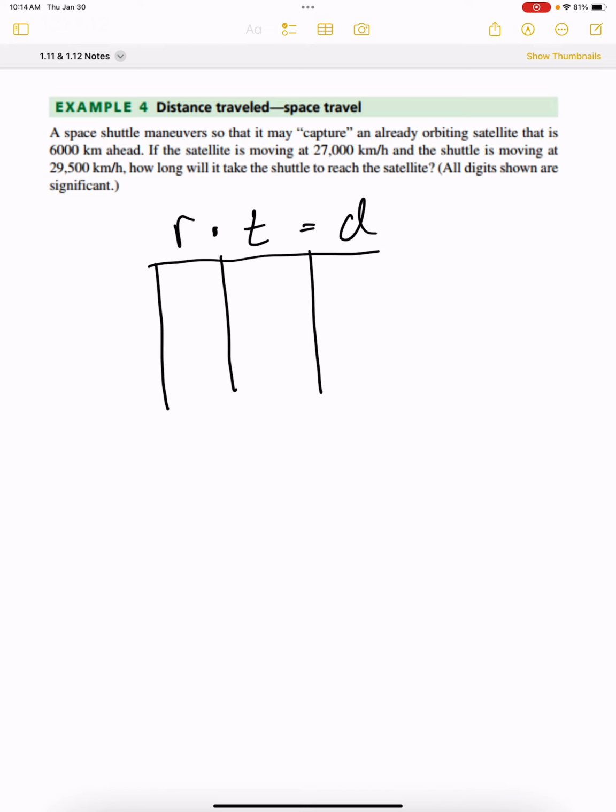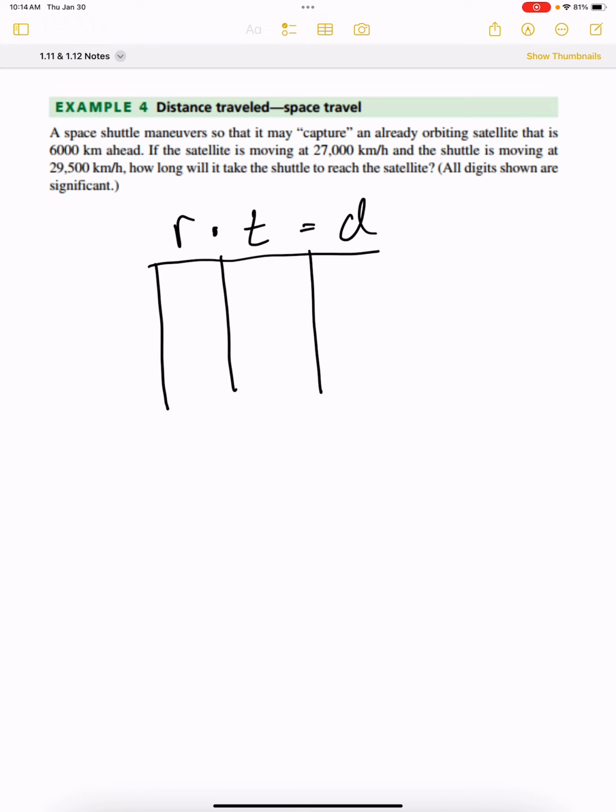A space shuttle maneuvers so that it may capture an already orbiting satellite that is 6,000 kilometers ahead. If the satellite is moving at 27,000 kilometers per hour and the shuttle is moving at 29,500 kilometers per hour, how long will it take the shuttle to reach the satellite? All right. Good stuff. So I know that we're talking about two things here.